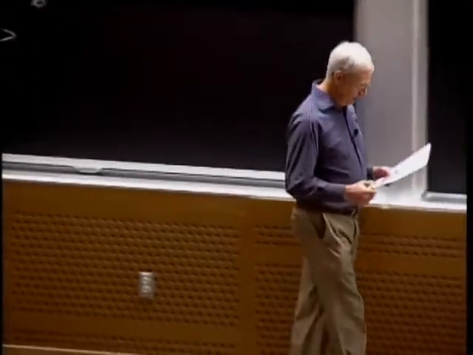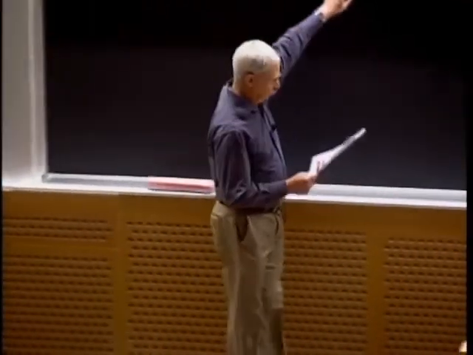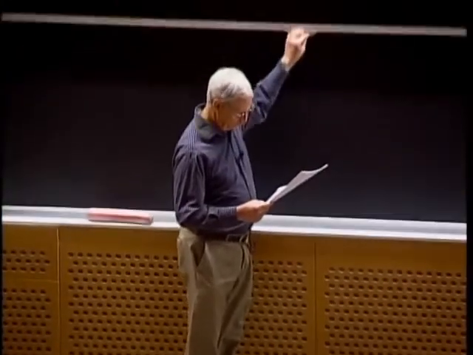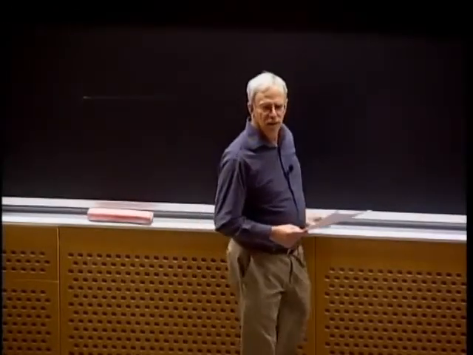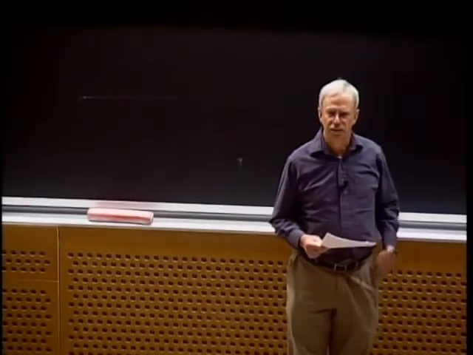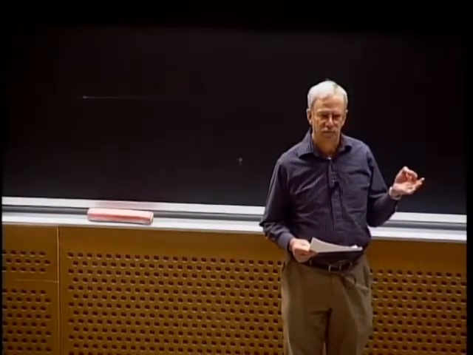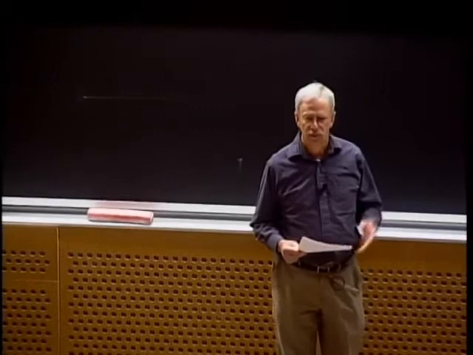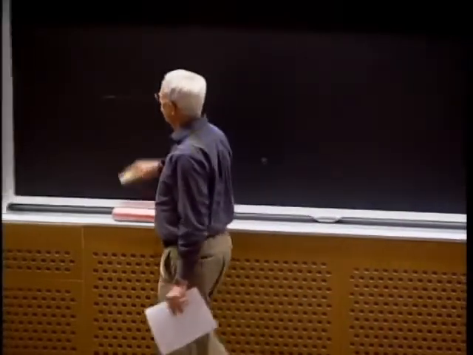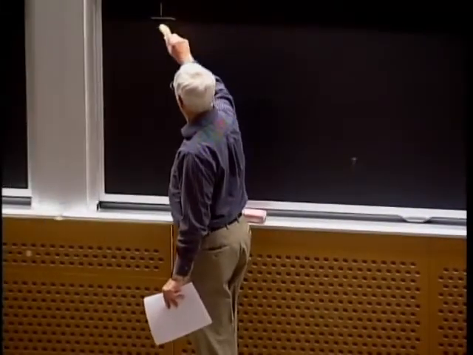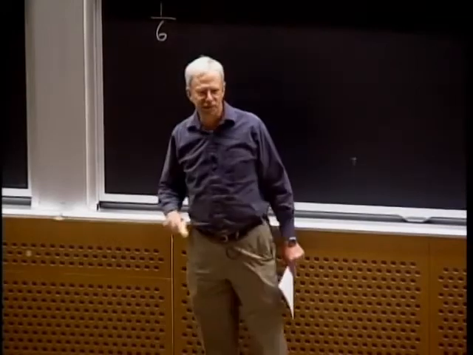So what's the probability of not rolling a double 6 on the first try? Well, the probability of not rolling a 6 on one die is 1 over 6.